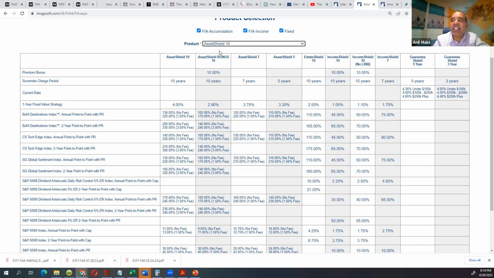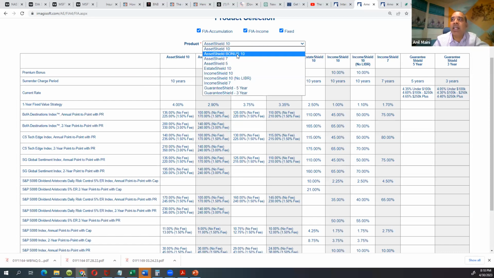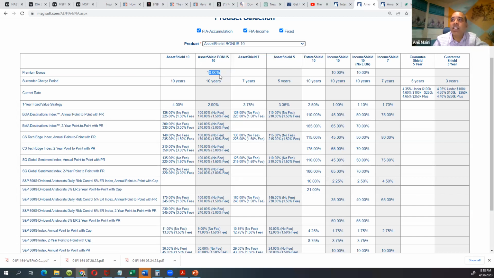Okay, so Asset Shield is the product, and here there is a product, Asset Shield Bonus 10. It will give a 10% bonus as well. Okay, but it will have higher surrender charges. So let's choose this one, Asset Shield Bonus 10.